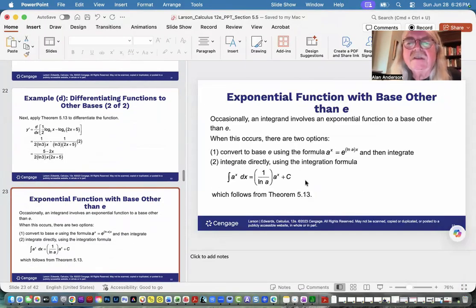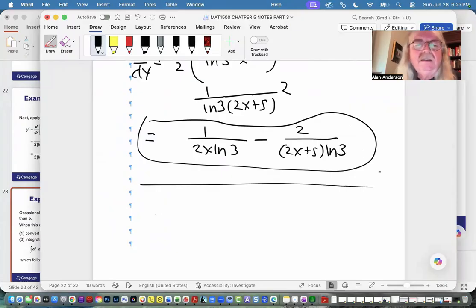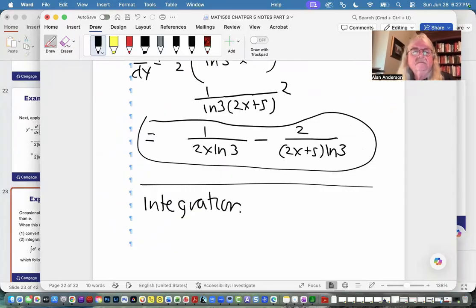Now, integration, oh, actually, we haven't done this one yet, have we? No. This is our first time with integration of non-e bases. Very good. Let's see what we get out of this.